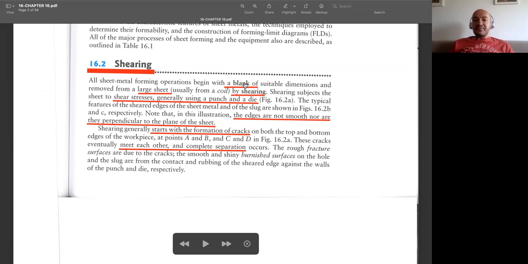We obtain this blank by a shearing operation on a large sheet metal. We make use of a punch and a die, and once we apply shear forces, shear stresses are the main mechanism responsible for this cutting operation.